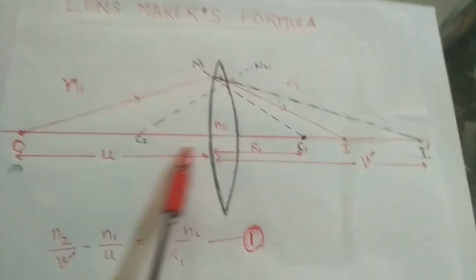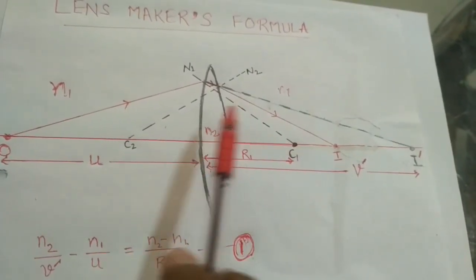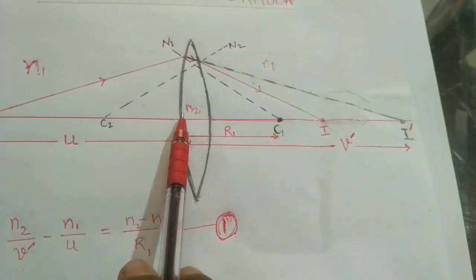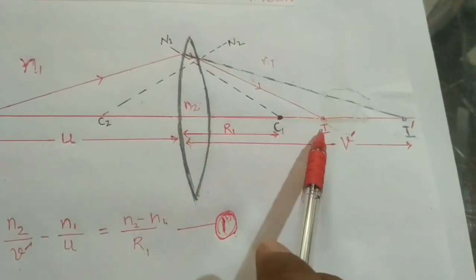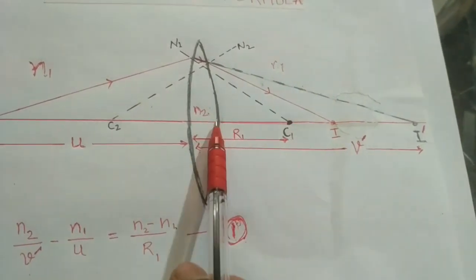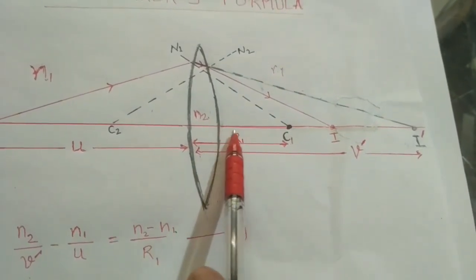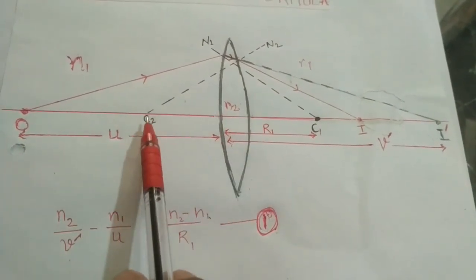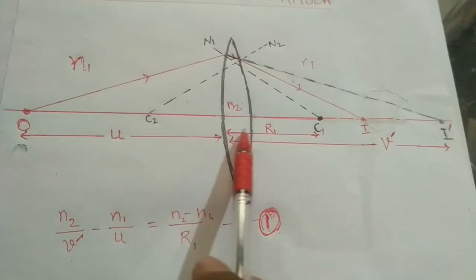So this object forms the real image here by using both the surfaces, and this image is used as a virtual object for this surface. Now let's write the image distance from this surface, because this image is formed due to this surface. So the image distance will be from this to this point, and the radius of curvature for this one is from this point to this point.